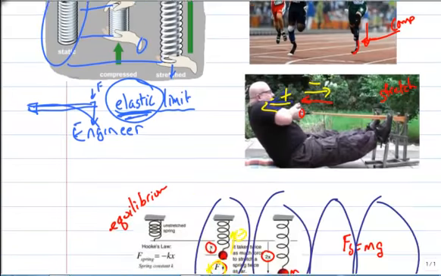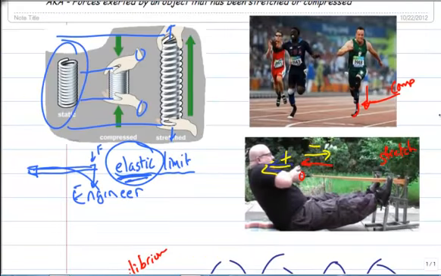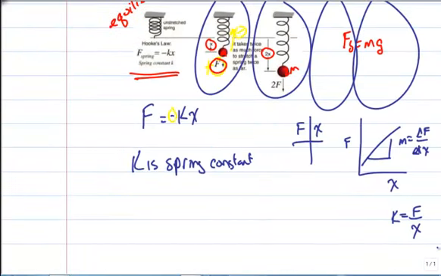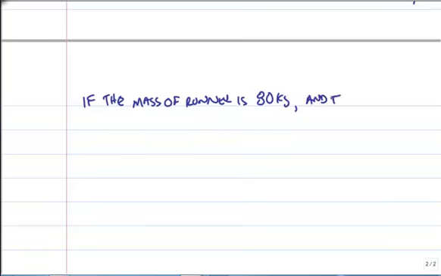Let's do a quick example. Let's consider this runner up here. Let's say he's an 80 kilogram runner. So if the mass of the runner is 80 kilograms and the springs on his, what are we going to call them, an apparatus, well, we'll call them the feet.